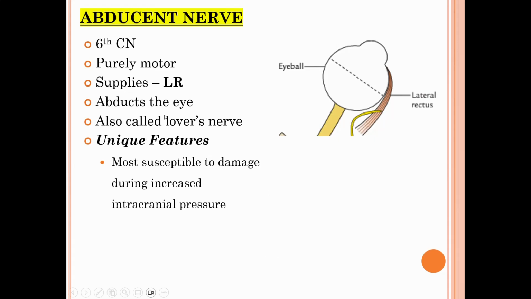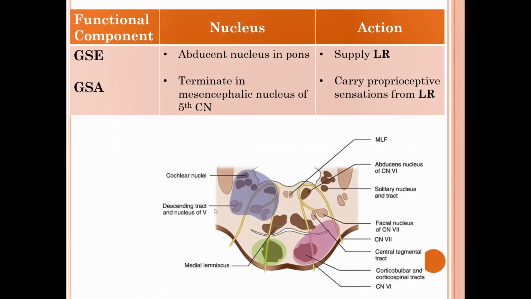Now the sixth cranial nerve, the abducent nerve. It is purely motor. It supplies the lateral rectus. It abducts the eyeball, and it is also called the lover's nerve. The unique feature is that it is most susceptible to damage during increased intracranial pressure. Functional components: it has two.